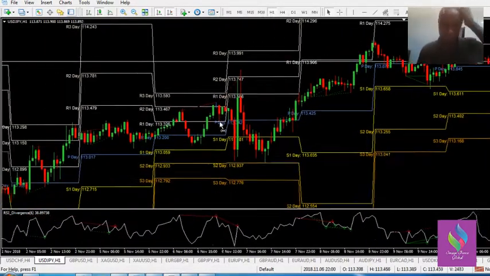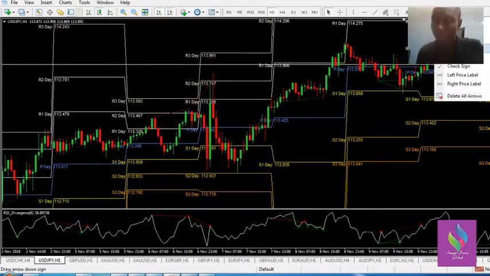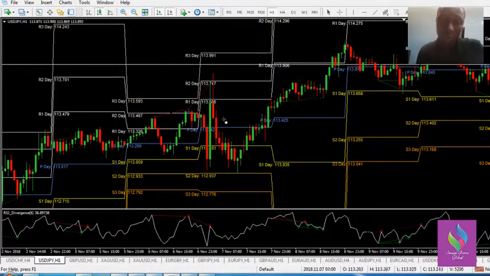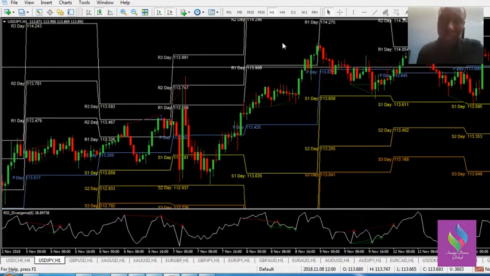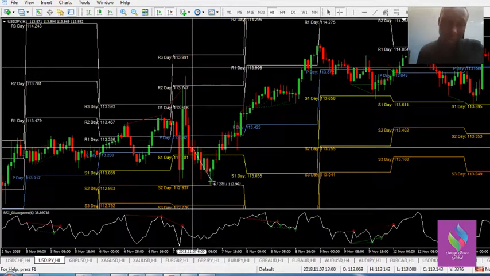Okay, and right here you can see you make a lot of pips with this. You get into the market right here, and you'll have made this number of pips.